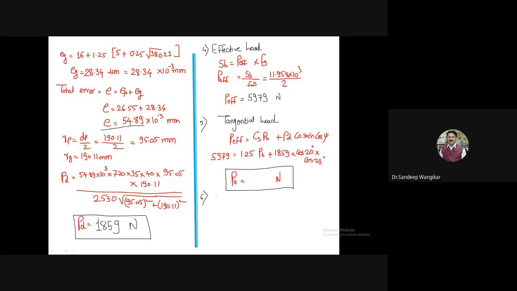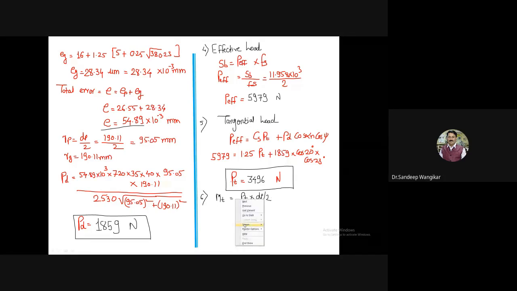Then step number 6 I will calculate. Let me know the tangential load. 3496. Any other? 3496. Okay, so I will say 3496. Okay. Then EMT into dP by 2.